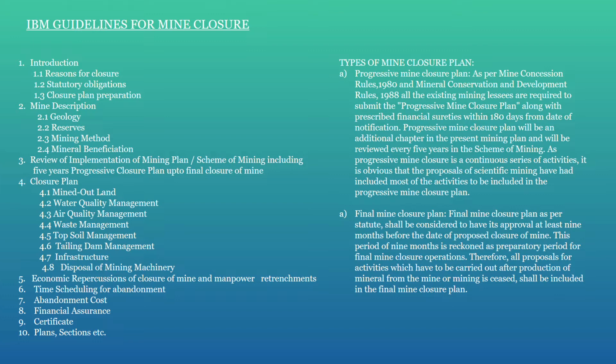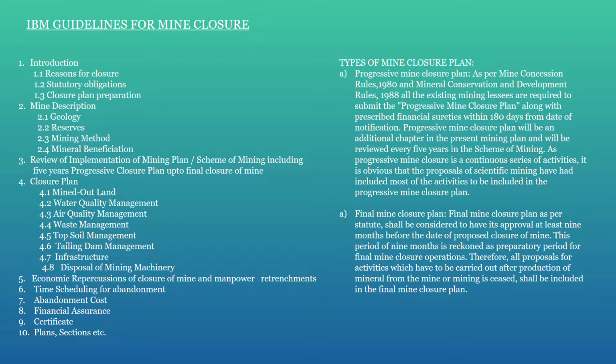For the progressive mine closure plan, as per Mineral Concession Rules and Mineral Conservation and Development Rules, all the existing mining leases are required to submit the progressive mine closure plan within 180 days from the date of notification. It includes the progress of the mine closure starting from the day the mine started, which means the progressive mine closure plan is taken along with the mine excavation. As the mine operations proceed, the progressive mine closure plan is also noted.